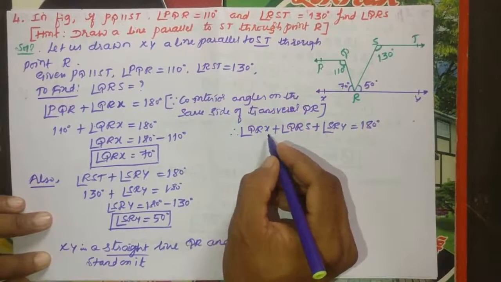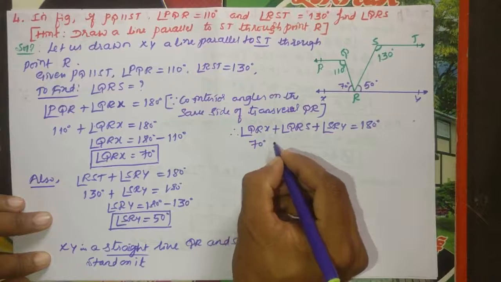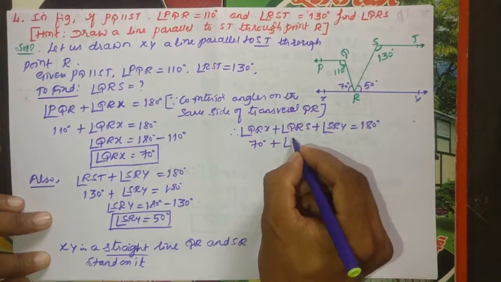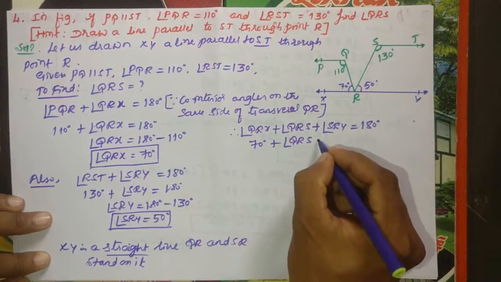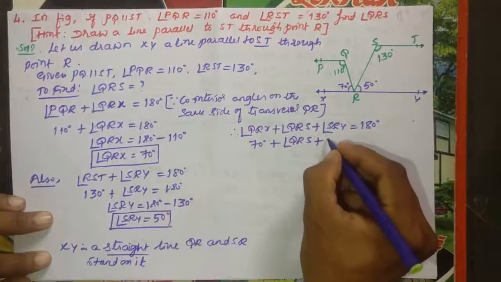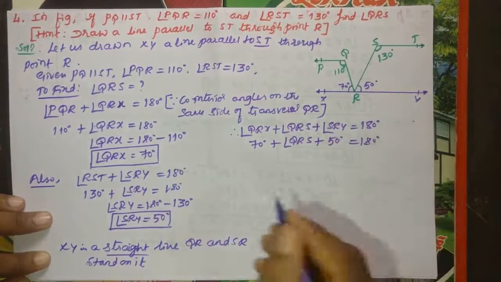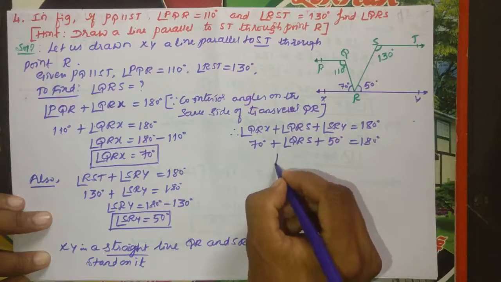Next, QRX is equal to 70 degrees, QRS we need to find out, plus SRY is equal to 50 degrees, equal to 180 degrees.